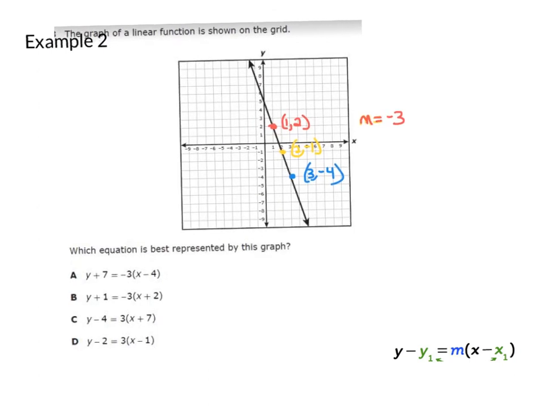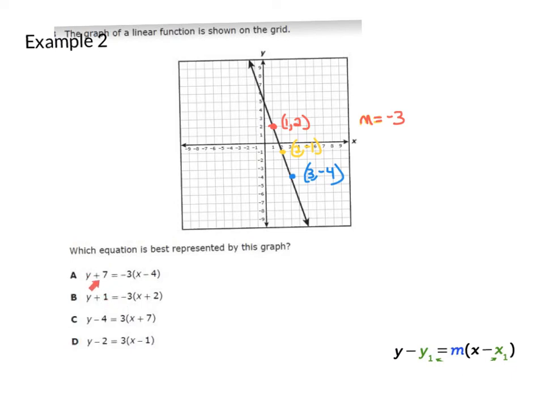So first of all, we're going to be looking for a slope of -3. So which one of these equations has a slope of -3? So here's a -3, here's a -3, this one's +3, and this one's +3. So we know right off the bat that the C and D would not be part of the answer. This is definitely a negative slope. So we're looking at A or B.